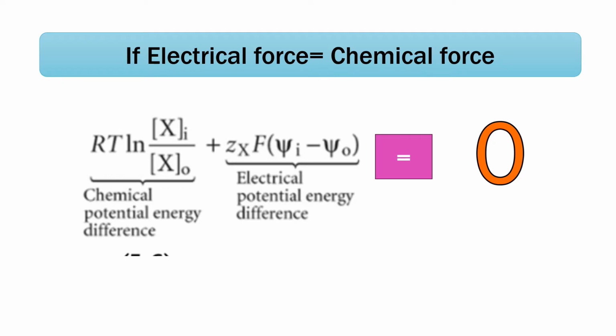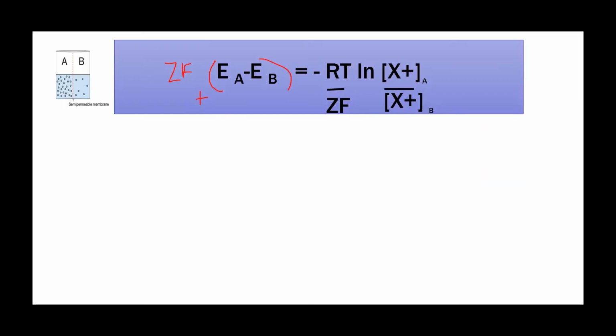Now at equilibrium we know that RT ln Xi by Xo plus ZF into EA minus EB, or phi i minus phi o, is equal to 0. So if it is 0, we can derive EA minus EB.